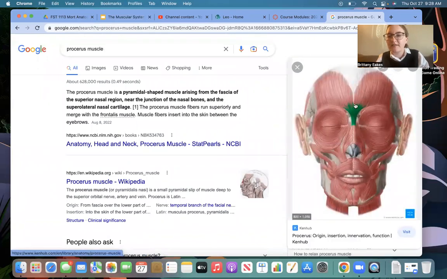Green right here. Procerus, and then the, if I can get to my slide again. Maybe not.